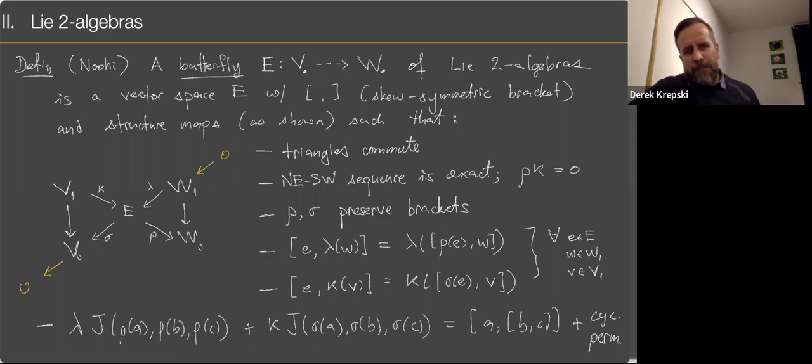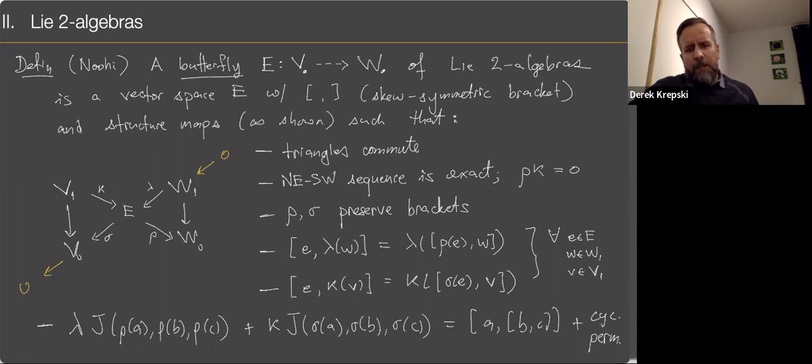Okay, so all this is to say that there is another notion of morphism now for Lie 2 algebras. Given an ordinary morphism of Lie 2 algebras, one can cook up a butterfly in a pretty natural way.